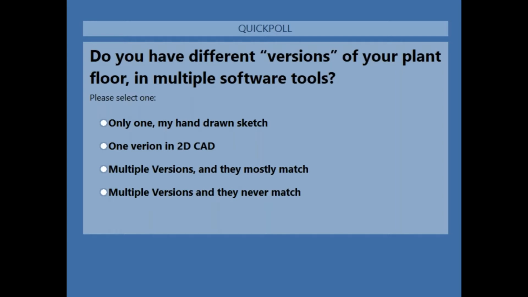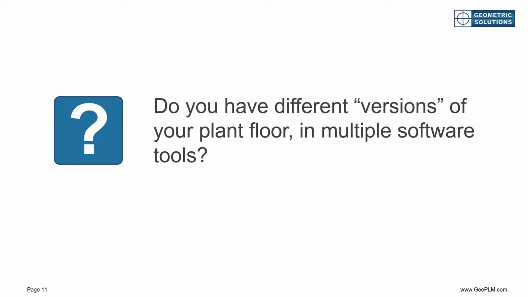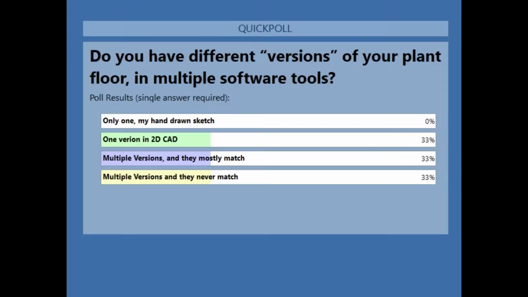Give everyone one more minute, but make sure you get your answers in. Okay, and here are the results. Looks like we have a three-way tie between one version in 2D CAD, multiple versions that mostly match, and multiple versions that never match.